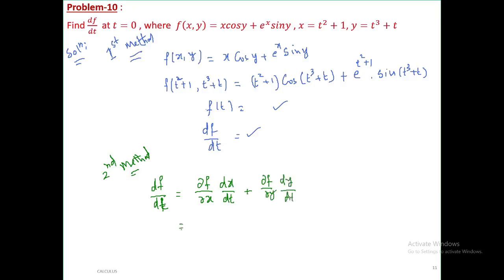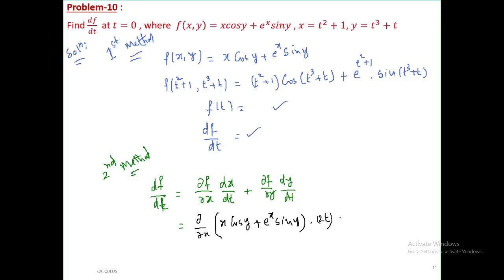First, what is ∂f by ∂x? So this is f with respect to x you have to do. So first let me write ∂ by ∂x of what is f? f is x into cos y plus e power x into sin y, into dx by dt. What is dx by dt? So 2t. dx by dt is 2t.